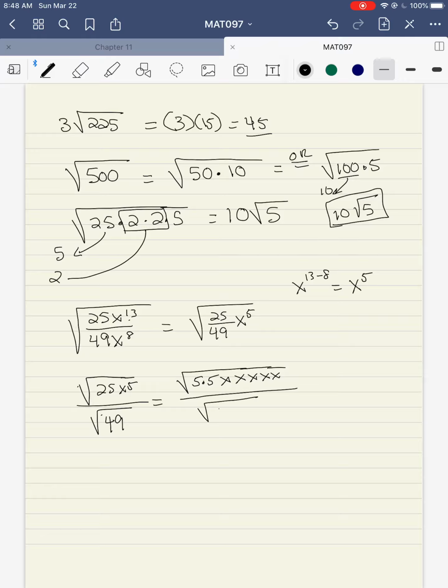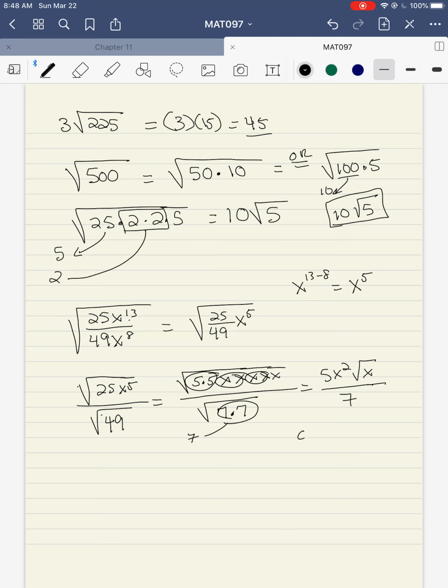The 49 is 7 times 7. So in the numerator, a 5 came out, 2 sets of x's. So again, 1, 5, 2 sets of x's. I still have an x in there. And then out of the denominator, a 7 comes out. So this answer would be 5x squared root x divided by 7.